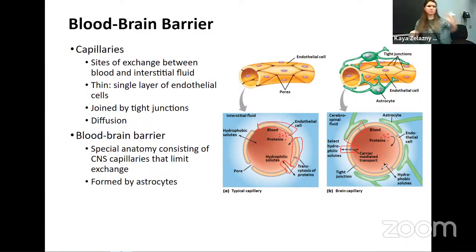So this is a special type of anatomy in the capillaries in the central nervous system that limits the amount of exchange, right? That's why we see a much lower level of proteins in the CSF than we do in the plasma, because proteins are big, they don't even really fit through carrier proteins, and they can't get through pores. So they're not going to end up in the CSF. If they do, that's a sign there's a problem.